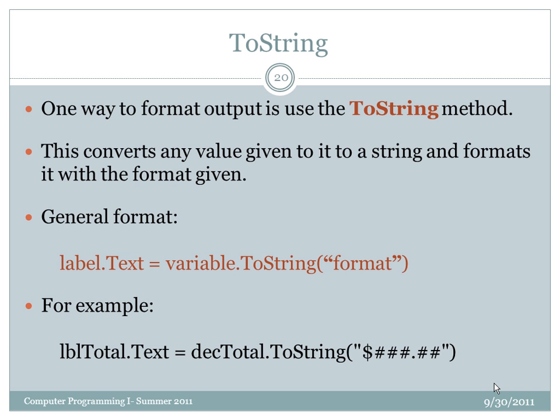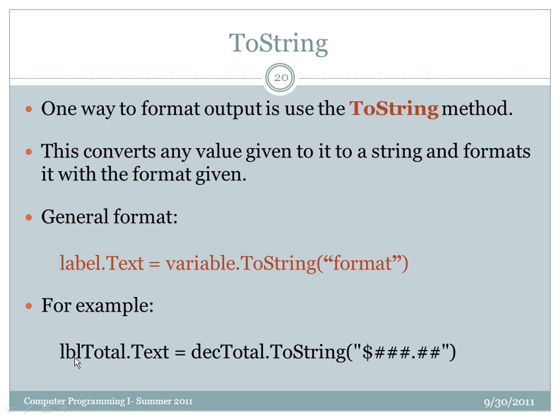You're only going to use the toString in a label.text situation. So label, whatever your label's called, LBL, whatever, .text equals whatever your variable's called, .toString, open parentheses, open quotation mark, and then you're going to insert the format, and then close quote, close parentheses.